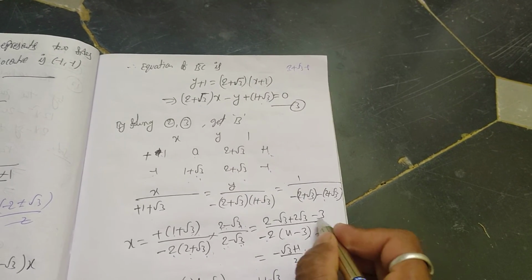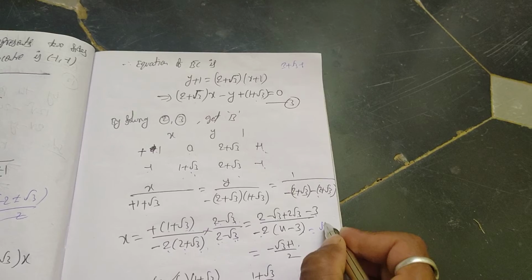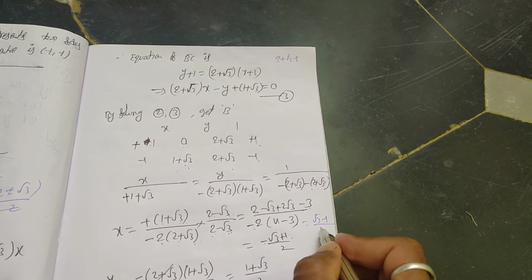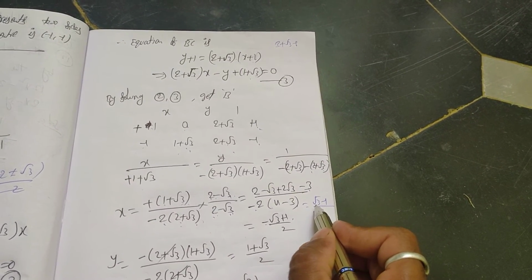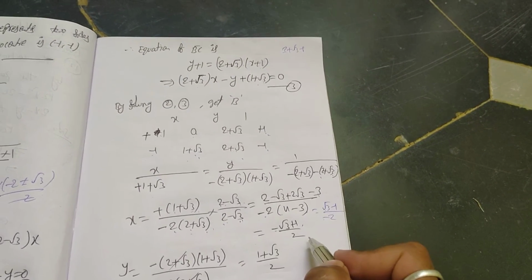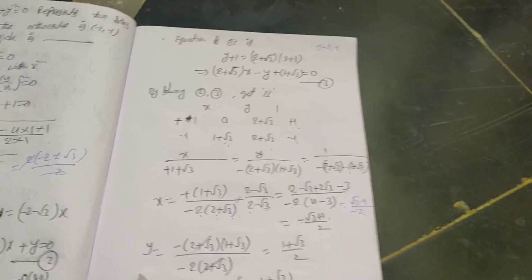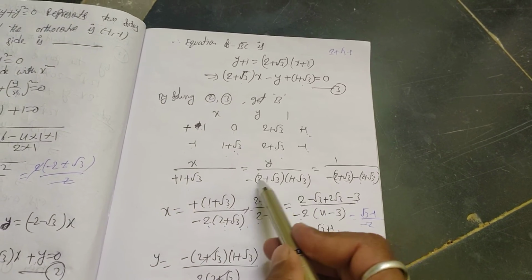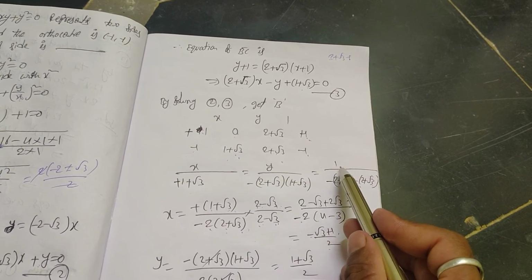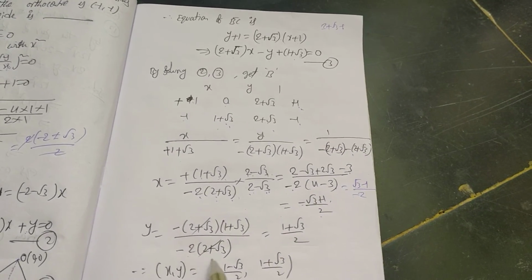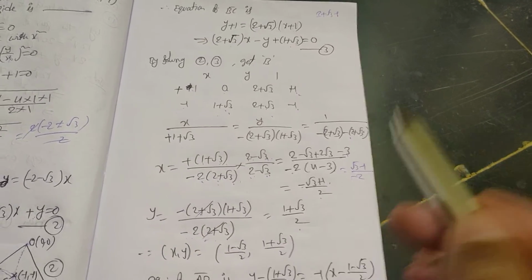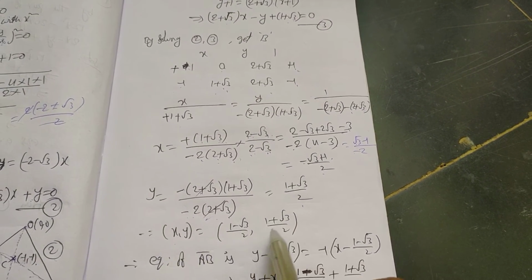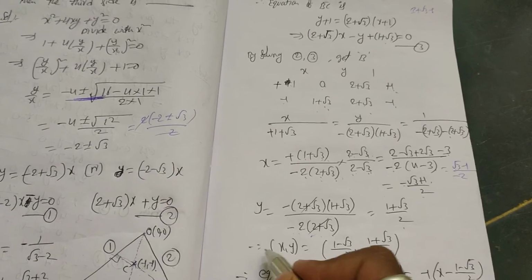If you simplify the numerator, what you have is root 3 minus 1, this minus, so root 3 minus 1 by minus 2, 4 minus 3 is minus 2, this minus multiplied with the numerator gives 1 minus root 3, or minus root 3 plus 1, by 2. So y is equal to, with the same simplification, numerator minus 2 plus root 3 into 1 plus root 3, by denominator minus 2 into 2 plus root 3. This 2 plus root 3 cancels, and minus minus also cancels, so we have 1 plus root 3 by 2. So x comma y is equal to 1 minus root 3 by 2 comma 1 plus root 3 by 2. Now this is nothing but point B.